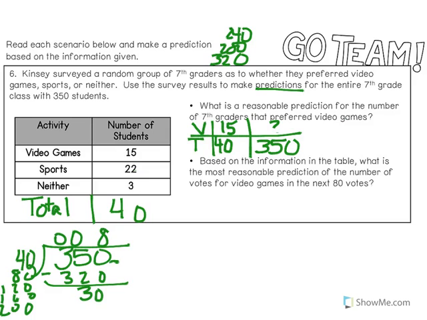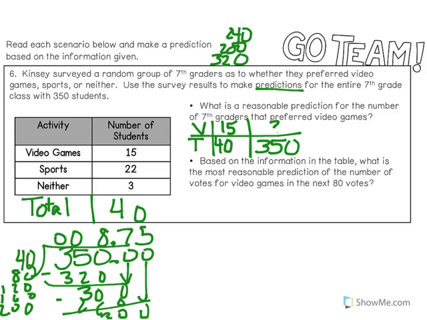Bring down my decimal and my 0. And 40 goes into 300 7 times. And I get 20. And it goes in 5 times. So my scale factor is 8 and 3/4 or 8.75.